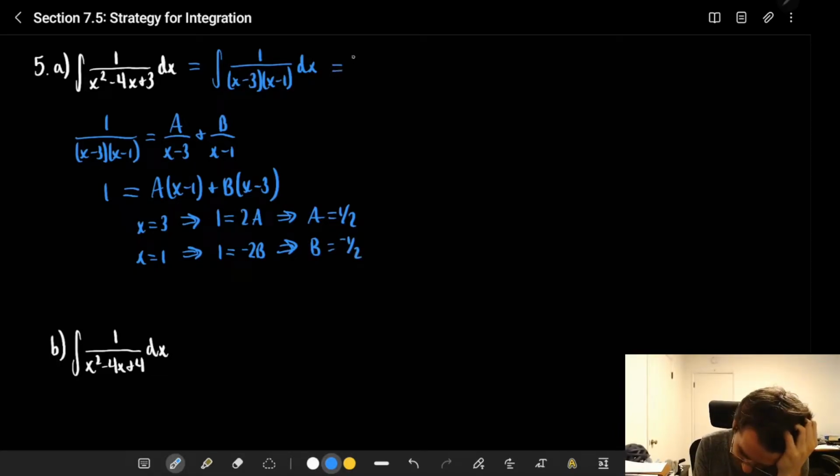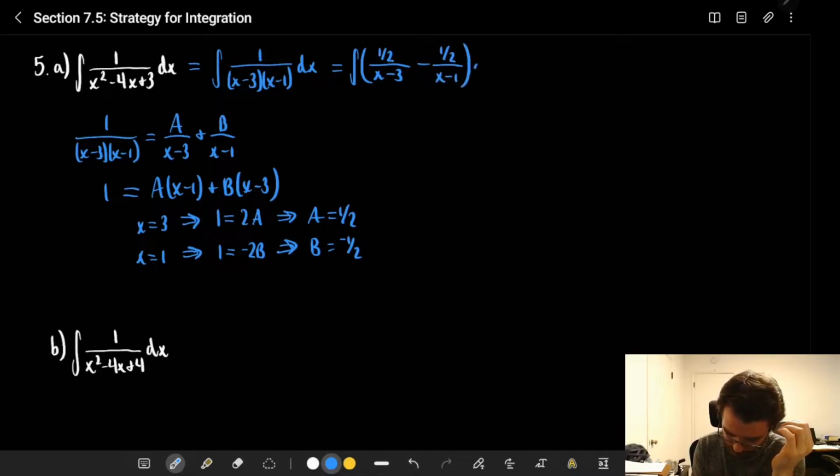So coming up here, this turns into a half over x minus 3 minus, because b was negative, this over x minus 1. And now it's quick. Maybe this time I'll just pull the 1/2 out of everything and say natural log of the denominator on the left, natural log of the, sorry, that's a minus, natural log of denominator on the right.